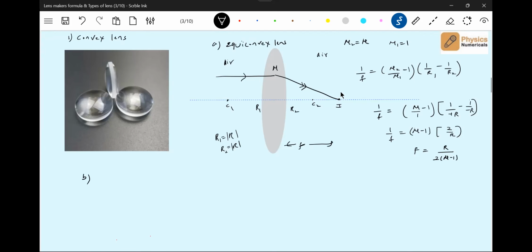Next, if the radii of the surfaces are not equal, then what has to be done?